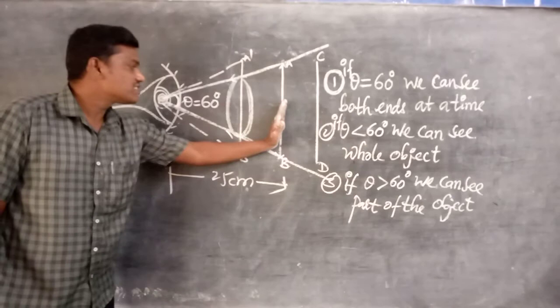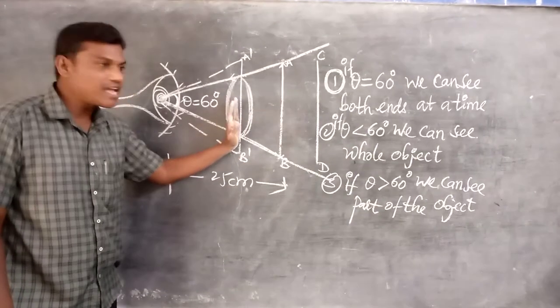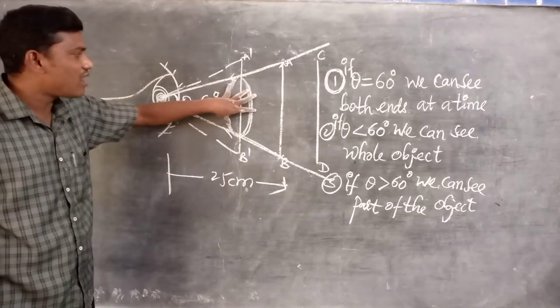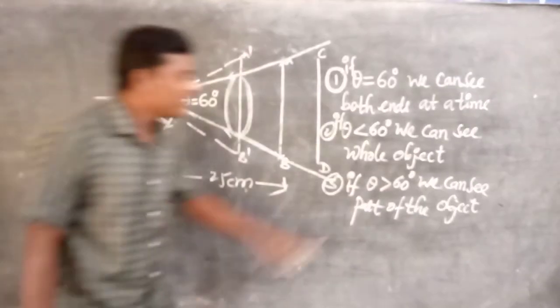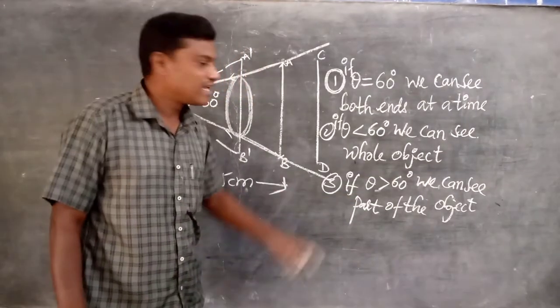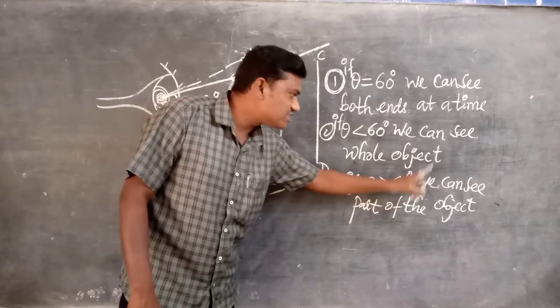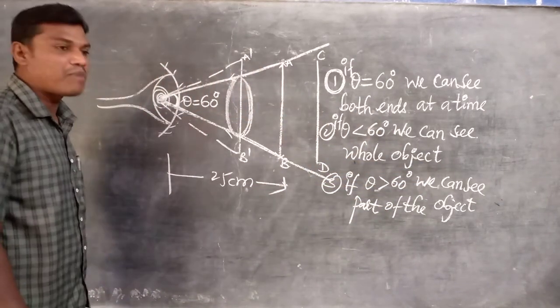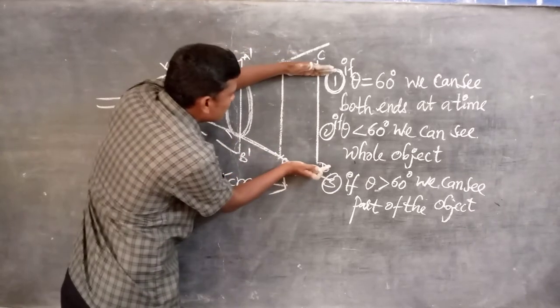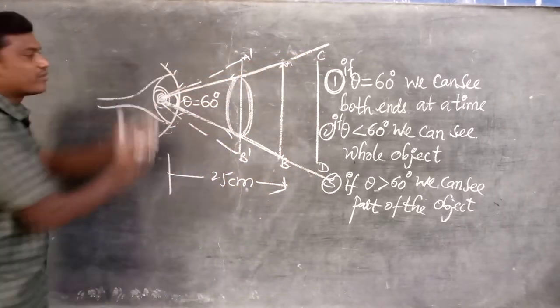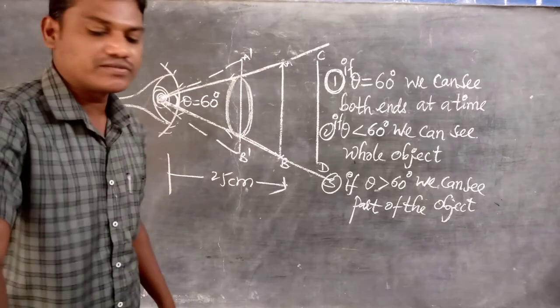But if the stick is very near to the eye, at that time you can see only part of the body but not the two extreme points. So what is the angle? Above 60 degrees. If the angle is above 60 degrees, we are able to see only part of the object. If the angle is below 60, what will happen? We can see the whole body.